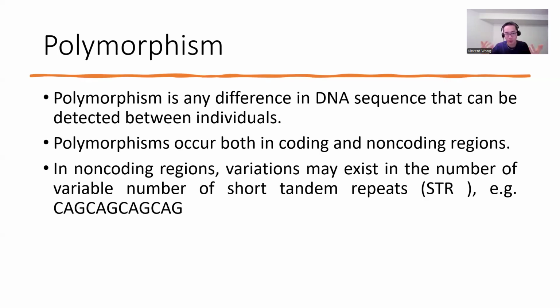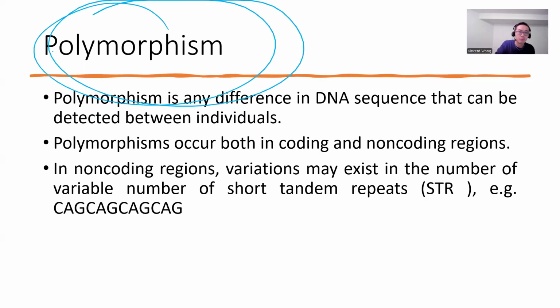It doesn't matter that we're a different race, we're not related or anything like that. We are both humans, so our core DNA is 99.99% identical, right? So finding those differences is actually trickier than it seems. Any detectable difference is what we call polymorphism.